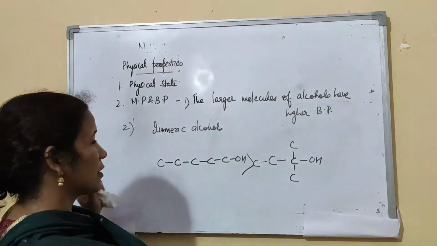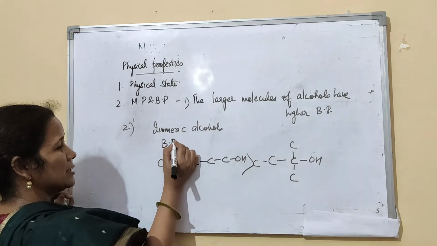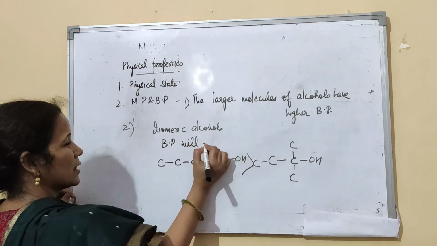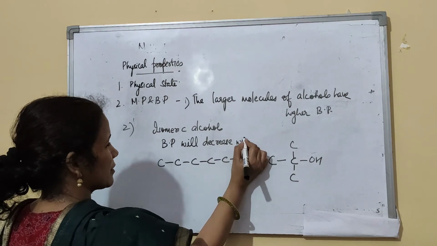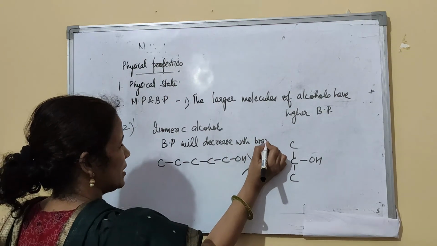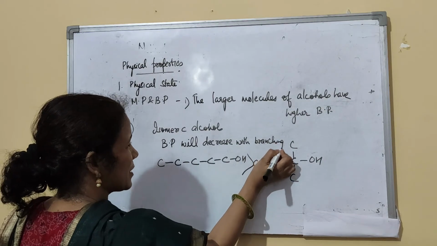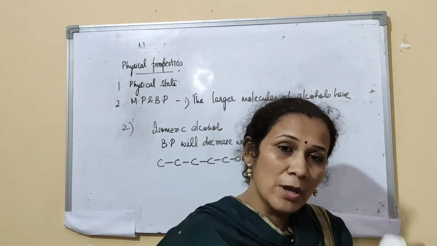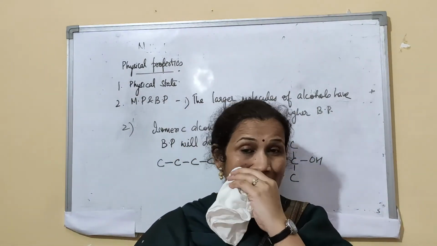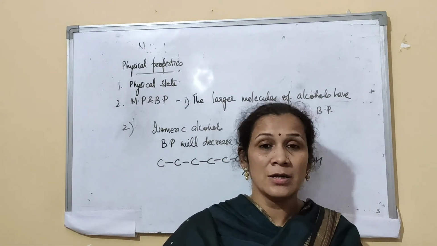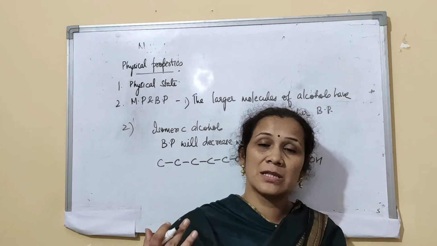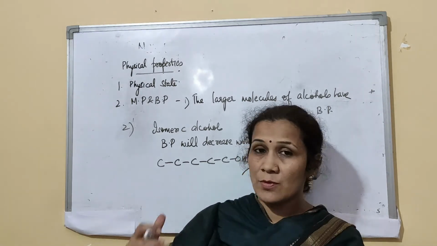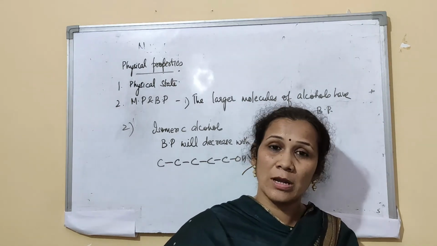So for isomeric alcohols, the boiling point will decrease with branching. No need to write all this, because I'll be summarizing the chapter and giving it to you, so you can see better and write in a very compiled manner. So nothing to worry about, just understand first and keep revising the concept again and again. So this was all about melting point and boiling point.